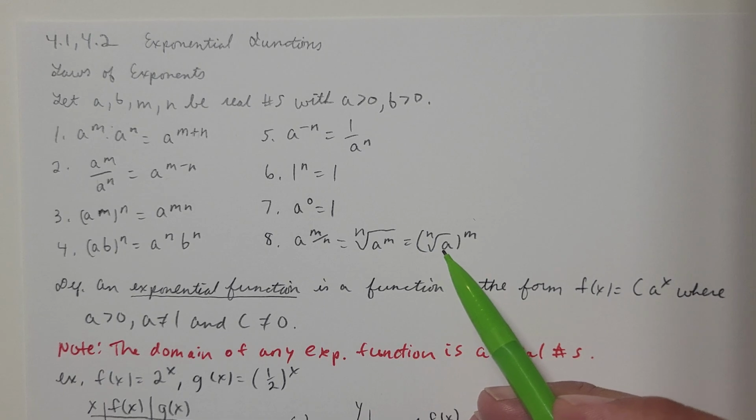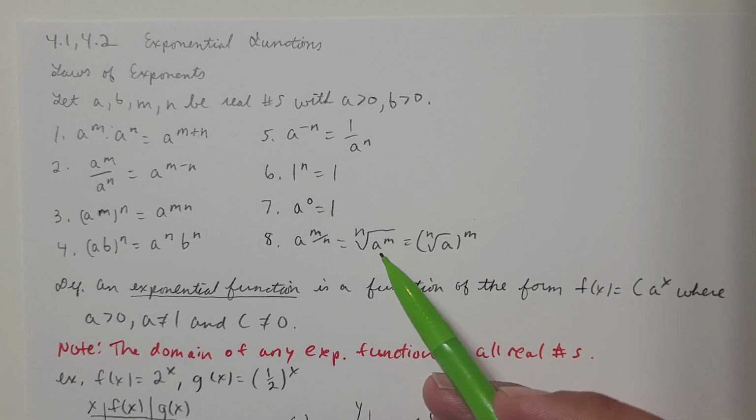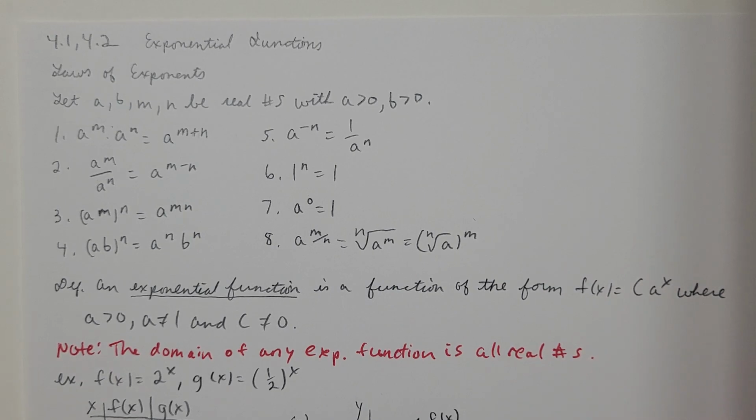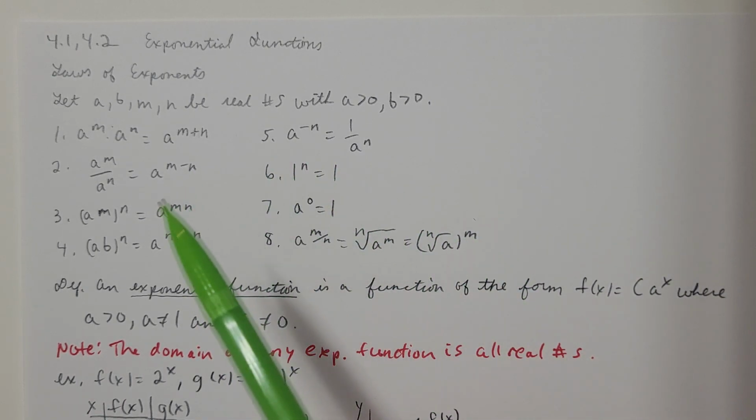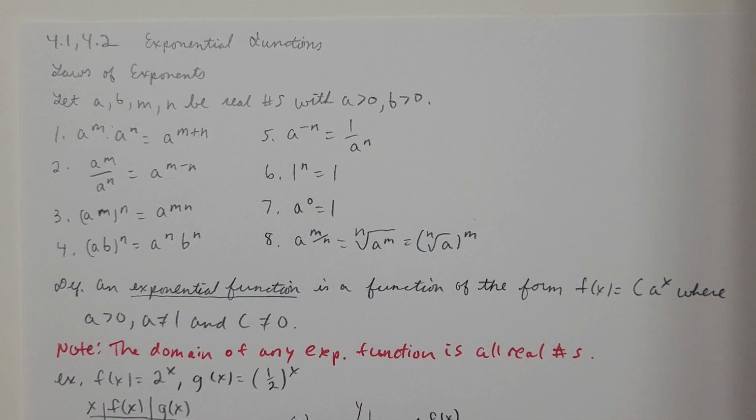So a is going to be smaller than a to the mth power. In general, it's going to be easier to find the nth root of a first, and then whatever number that is, you raise that to the mth power at the end. So these are our laws of exponents. We should have all been there and done that before. These will come up.